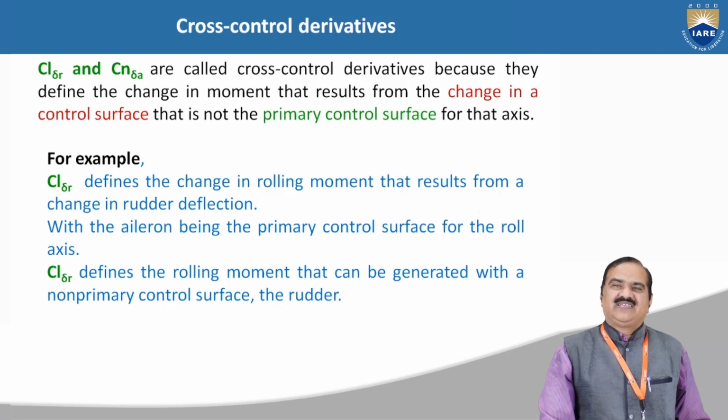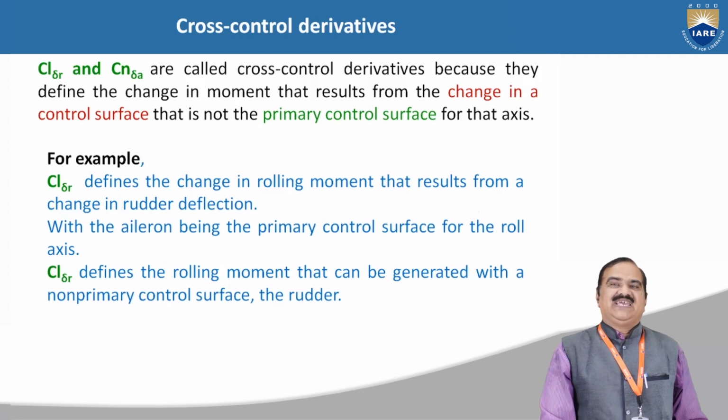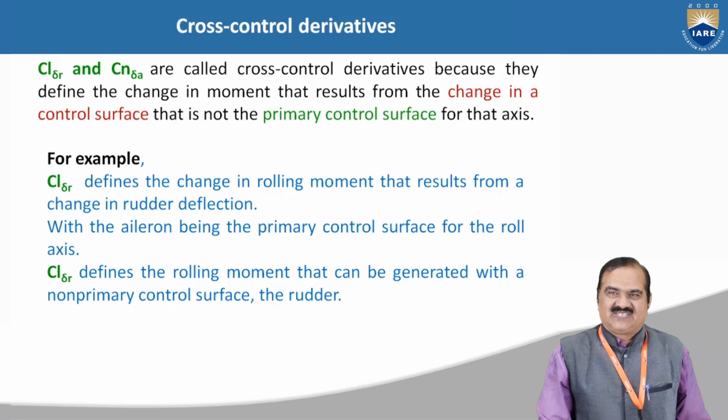So for example, Cl delta R defines the change in rolling moment that results from a change in rudder deflection, with the aileron being the primary control surface for the roll axis.